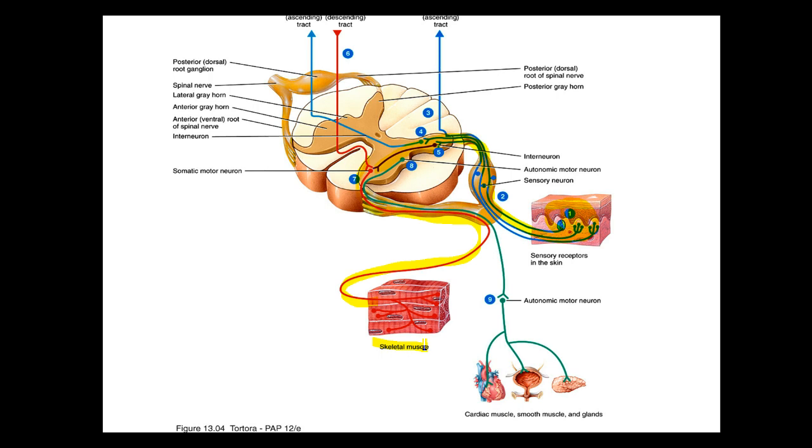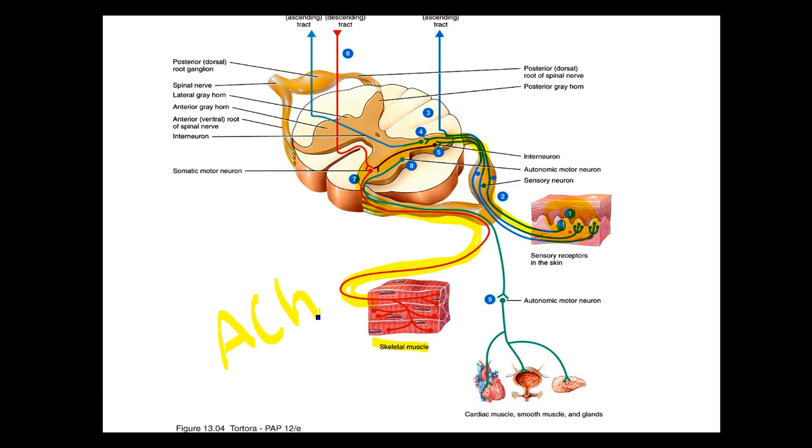So this is the motor output down the red neuron to the skeletal muscle. Notice it's only one neuron leaving the front of the spinal cord. What type of neurotransmitter will be released in the somatic nervous system? If you said ACH, you're correct.